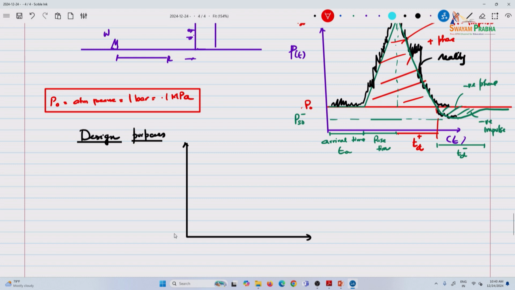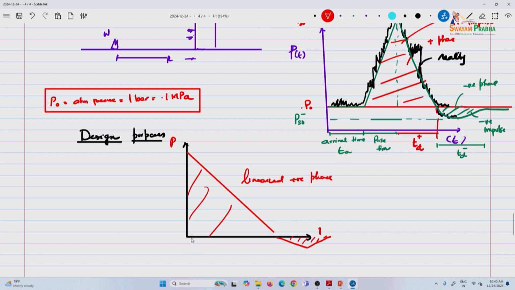The structure is subjected to the atmospheric pressure anyway, so if we discount it, then let us say this is P versus T, you are basically looking at linearizing the positive phase. So, this is the linearized positive phase, and the negative phase is also linearized, in this manner.